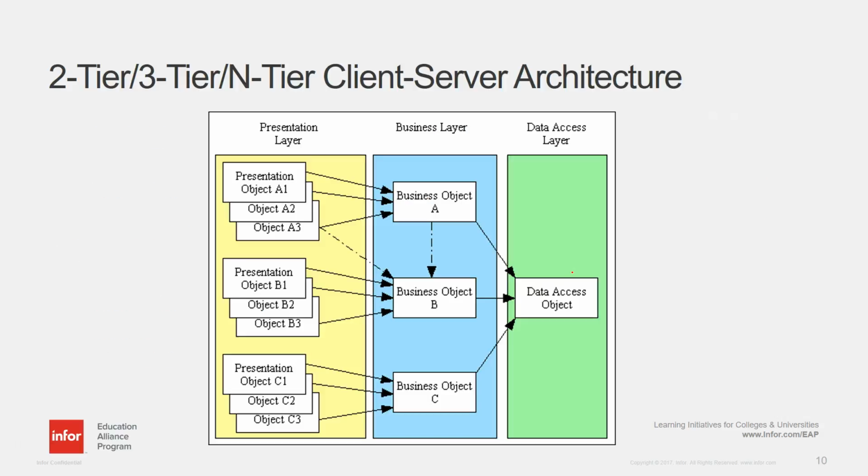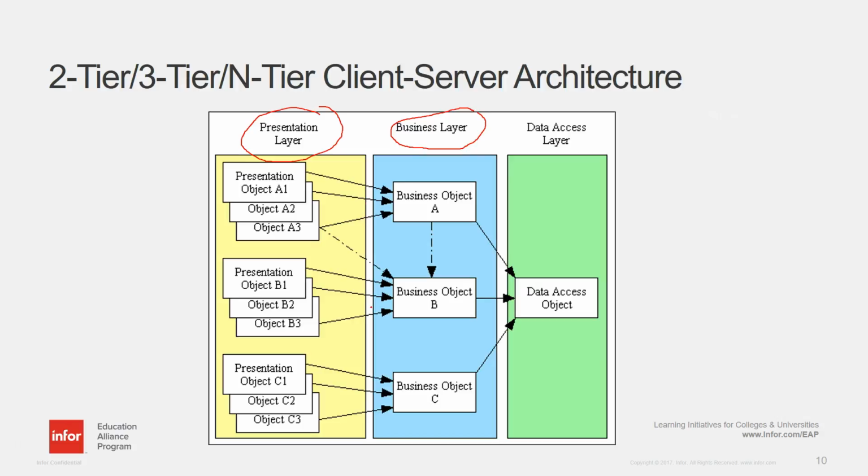Here is an example of a 3-tier architecture. You have the presentation layer, where the clients reside. Clients can have one or more objects that they have generated, requests that are sent to the business layer. The business layer then can be running one or more applications or processes.